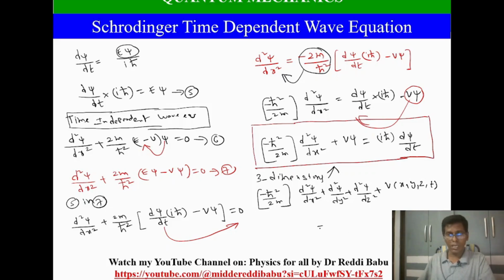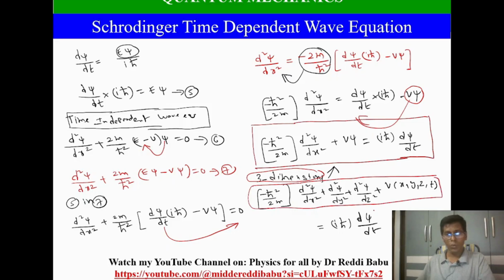On the right hand side, the remaining part is as it is, I h cut into d psi divided by dt. This is the equation in 3 dimensions. So in the examination you can write this expression also. This is the complete Schrodinger time dependent wave equation for a particle moving in 3 dimensions. This is also one important topic in quantum mechanics.